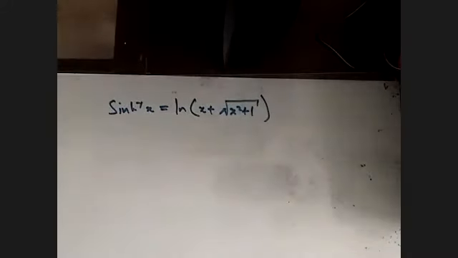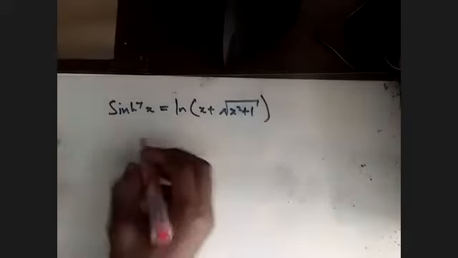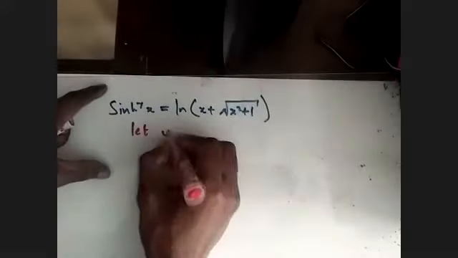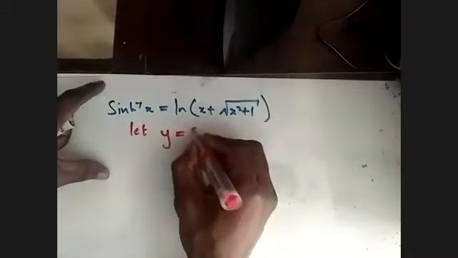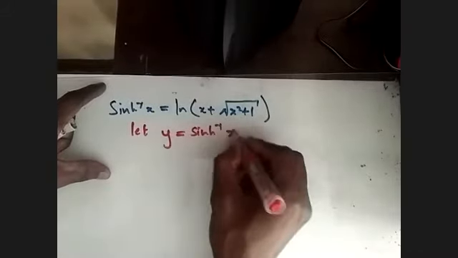And I said to you, it is going to be very simple for us to do so if and only if we are able to rewrite our hyperbolic function in the form of saying let y be equal to arcsinh of x.